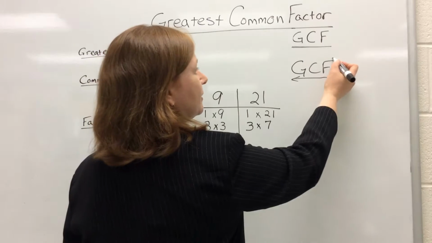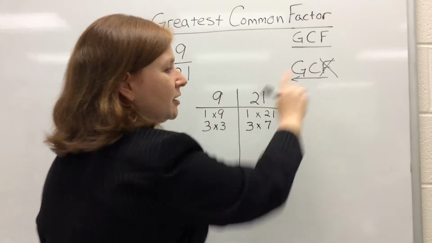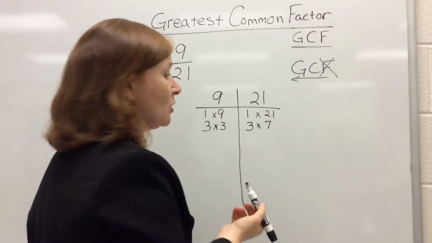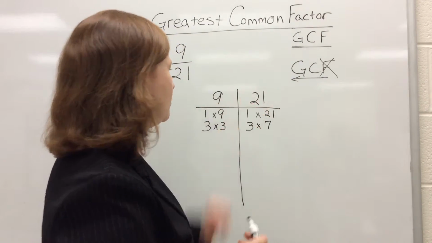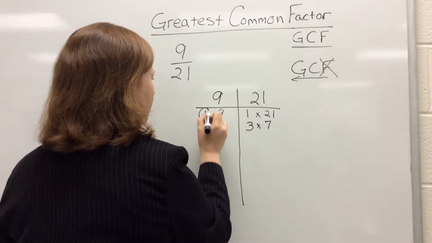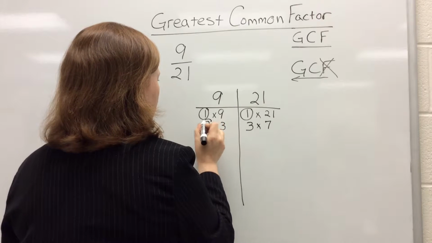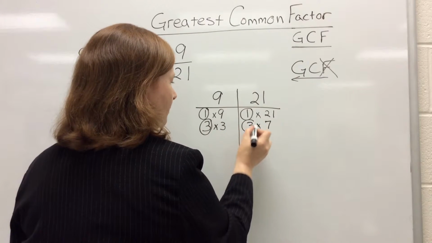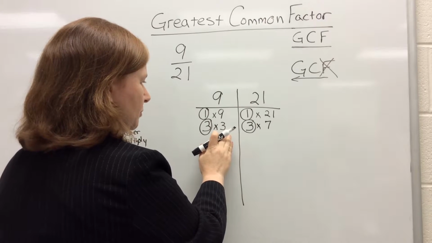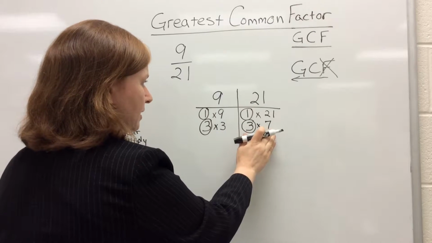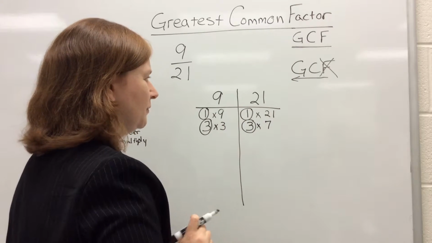I'm done with factors, and I move to common. Common means they're the same for both. So I'm going to circle all of the factors that are the same for both 9 and 21. 1 is a factor that is the same for both. 3 is a factor that is the same for both. 7 is not the same for both. 9 is not the same for both.